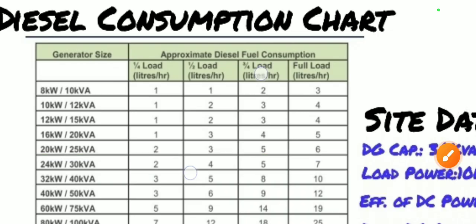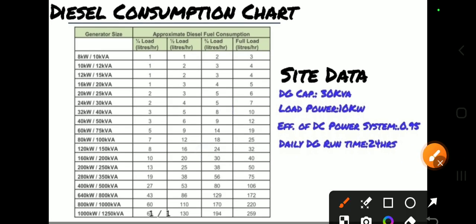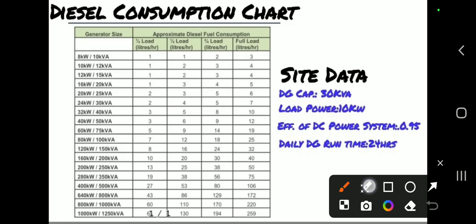Now, having understood this, let's look at the site load. These are what we have on the site. I paid attention to the 30 kVA because on this site we have a 30 kVA generator, and the equipment load power is 10 kilowatts.